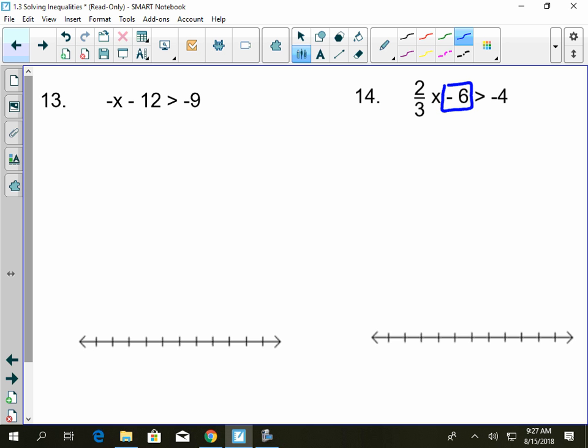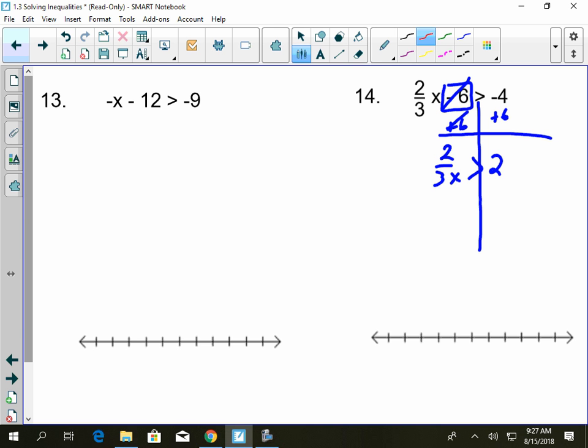You can't get rid of the fraction if you have a loner. So I'm going to add 6 to both sides. So the 6's cancel, leaving me 2/3 x is greater than 2. Did I multiply or divide anything? No. So I don't flip the inequality sign.